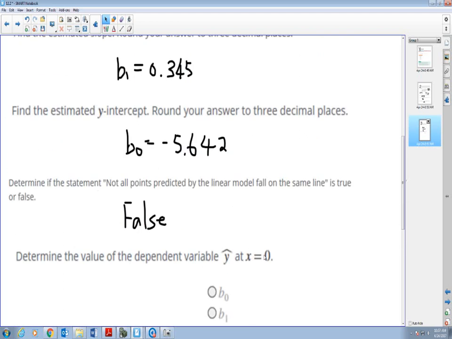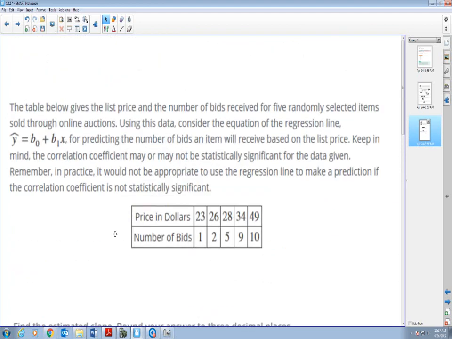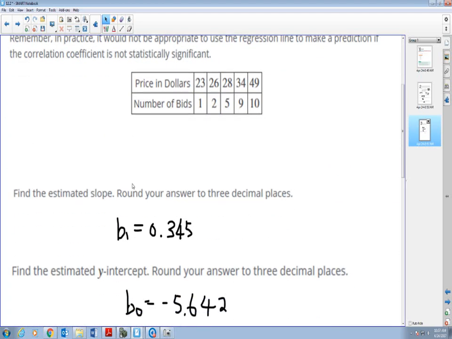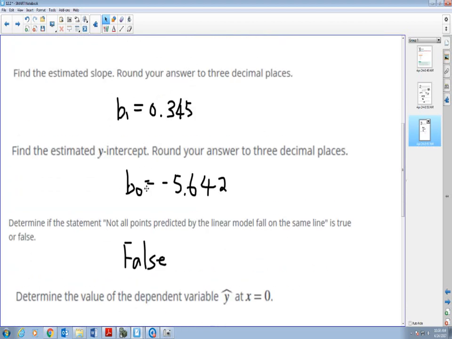Alright, determine the dependent variable y hat at x equal to 0. Okay, so your y hat is your y. So what is my model saying?